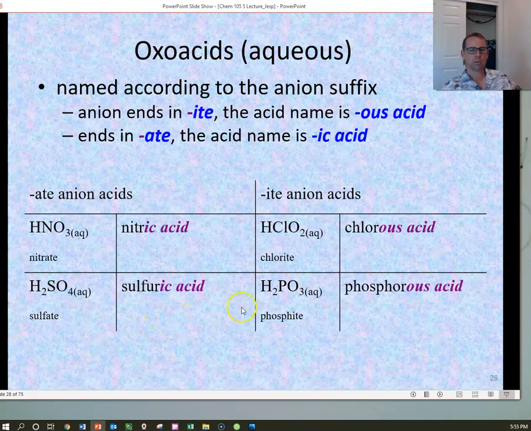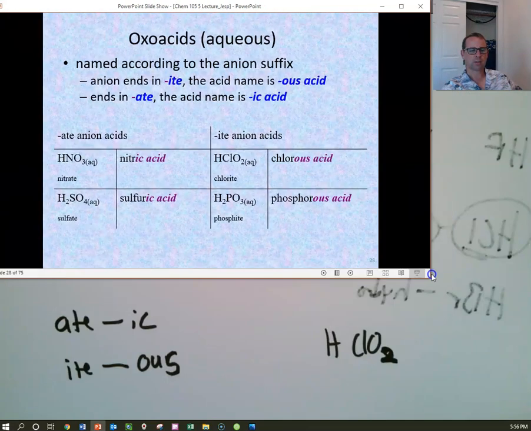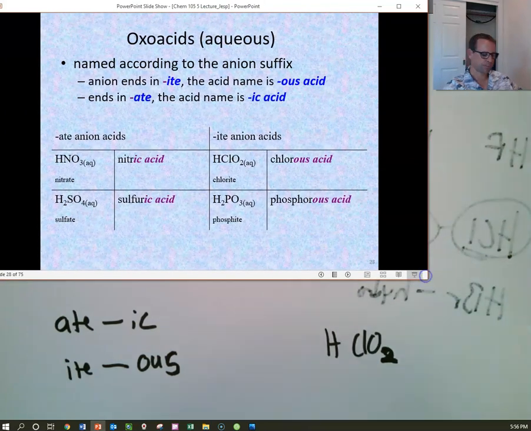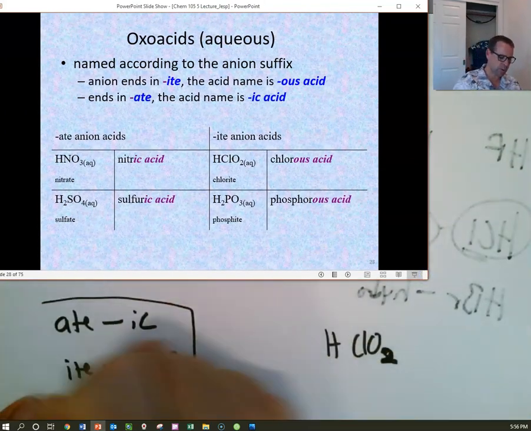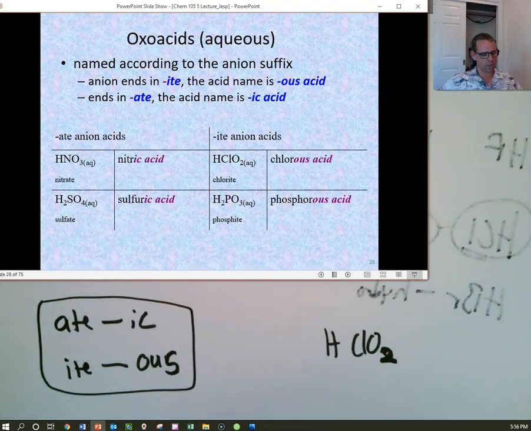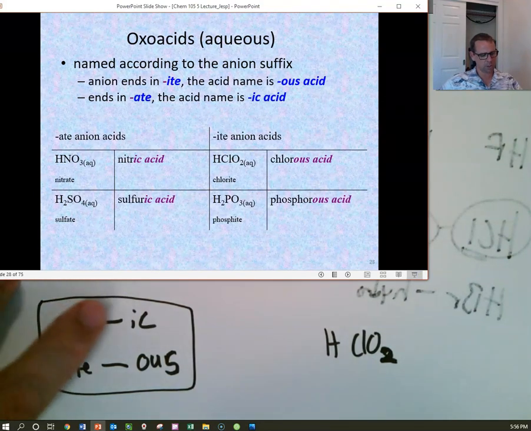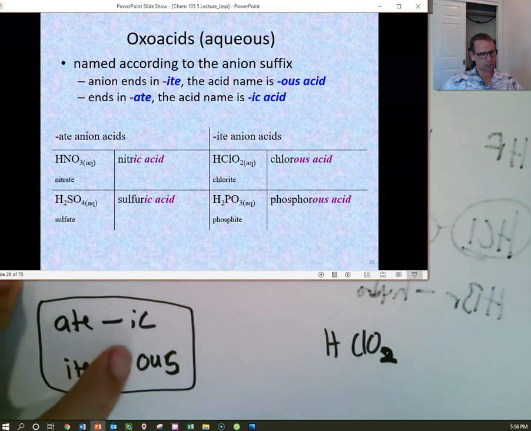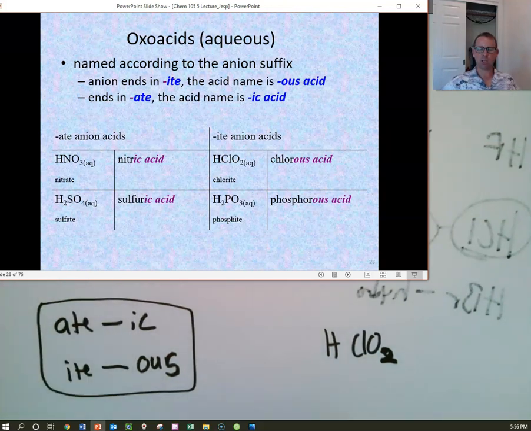So the phosphite ion goes to ous, and it's called phosphorous acid. Phosphorous acid. So this is what we remember, and we put it at the top of our bed so that every time we wake up in the morning, we can see it. Ate goes to ic, ite goes to ous. And that's for naming our oxoacids, right? Okay.